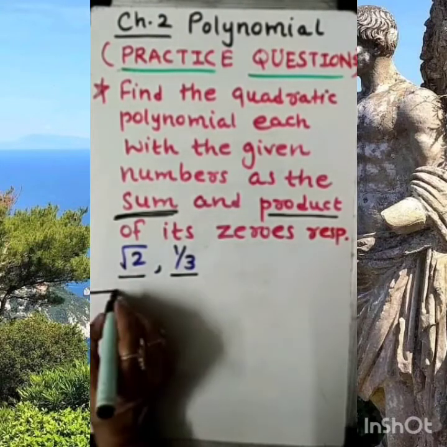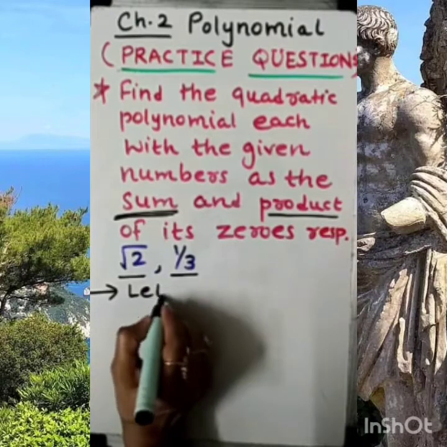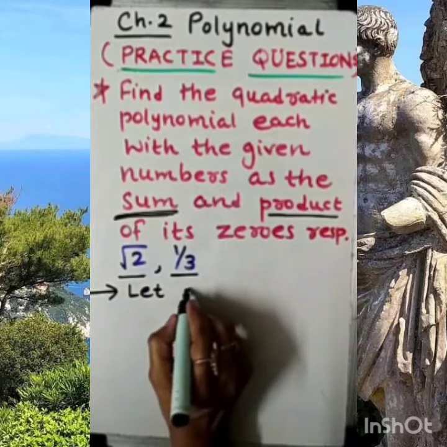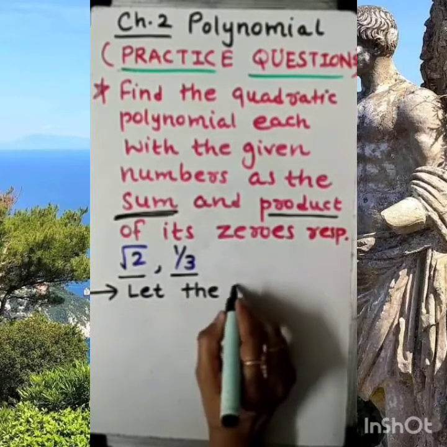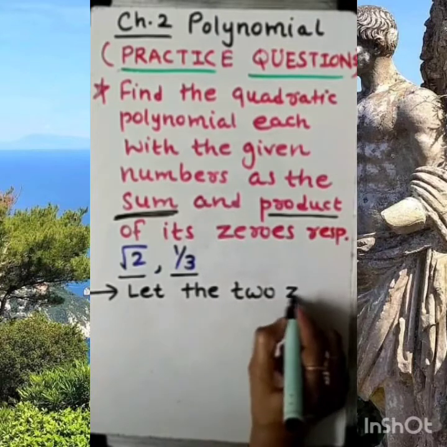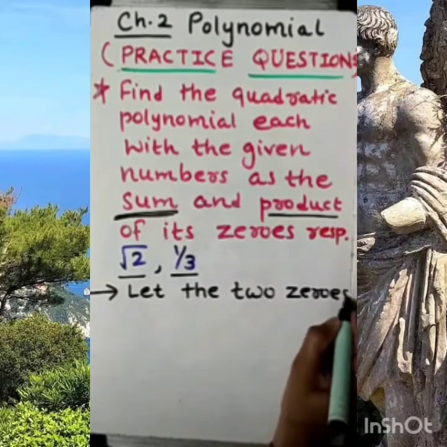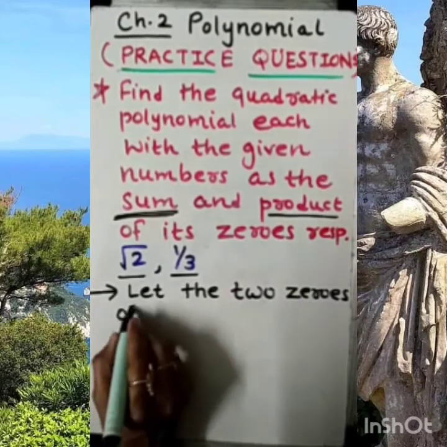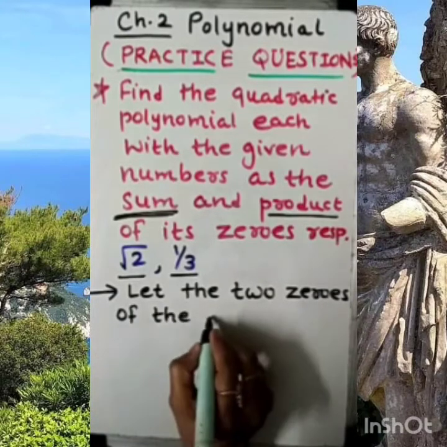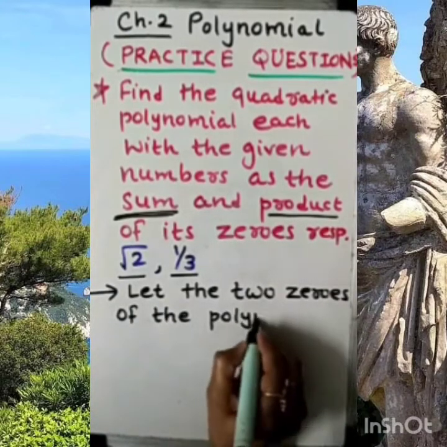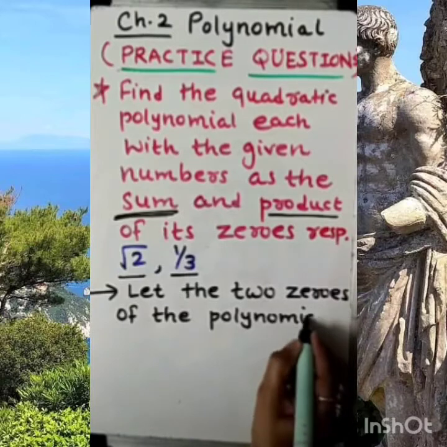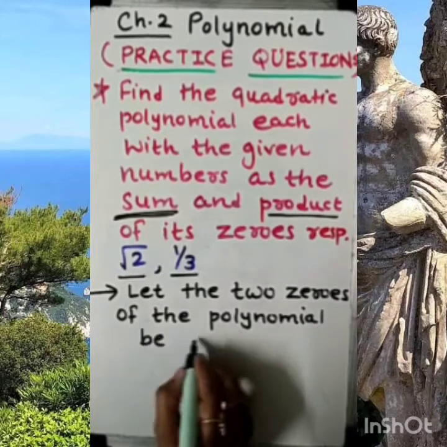So my dear student, from where to begin? Let the two zeros of the polynomial be alpha and beta.